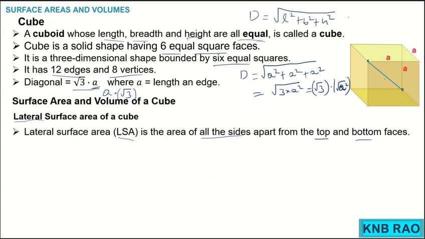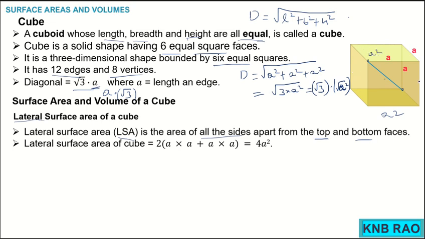Here in this case, lateral surface area is 2 into A into A plus A into A. Front face is A square and back face is A square, and left side and right side put together A square plus A square, you will get 4A square because of that front, back and left, right.